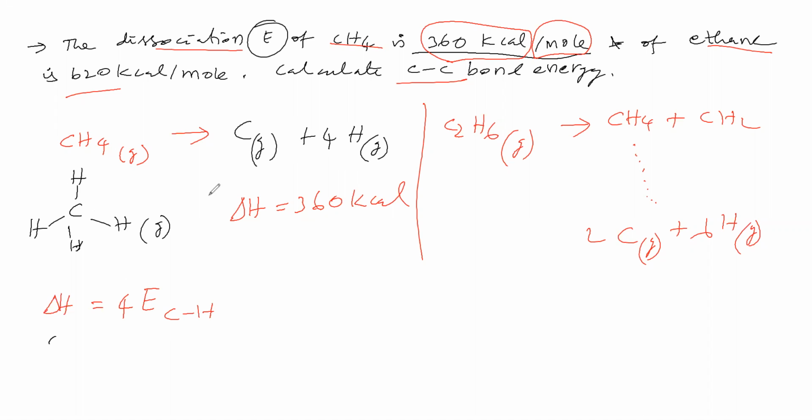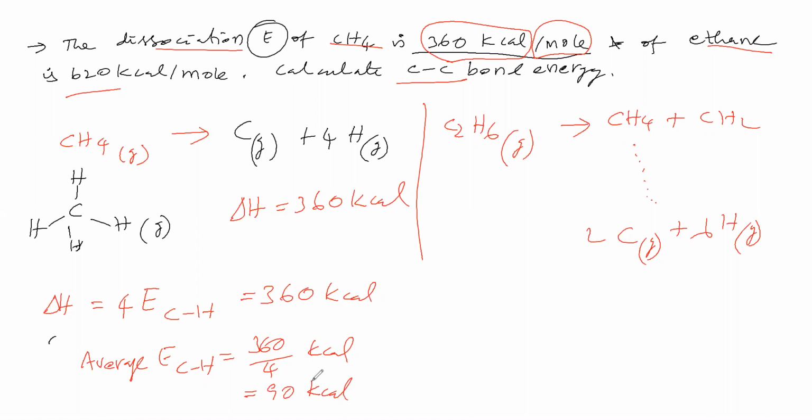This is equal to 360 kilocalories. Now we will take the average bond energy of CH, which is equal to 360 by 4 kilocalories. So we got the average CH bond energy.